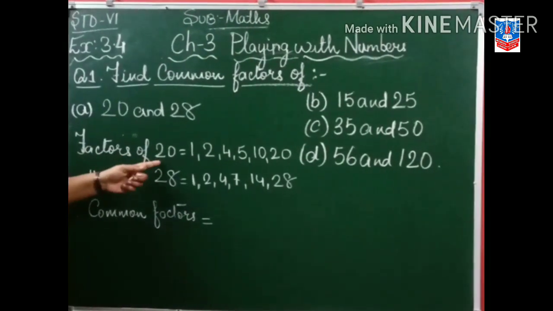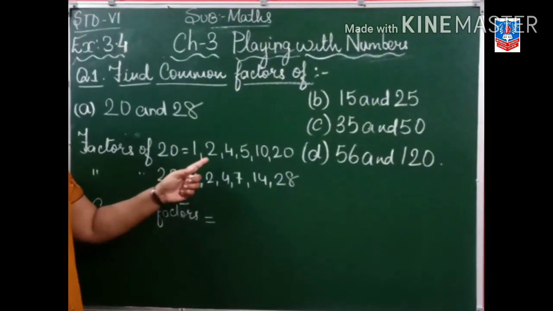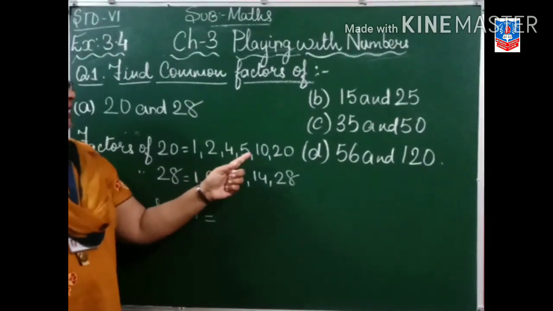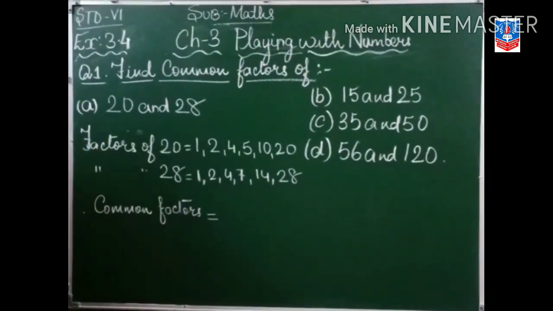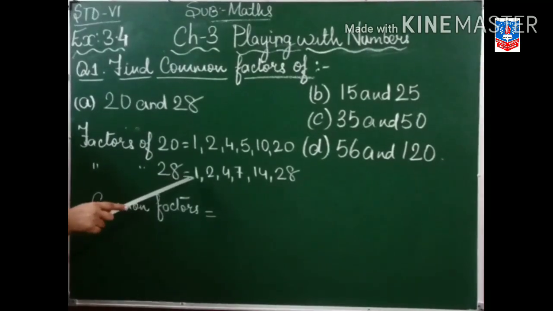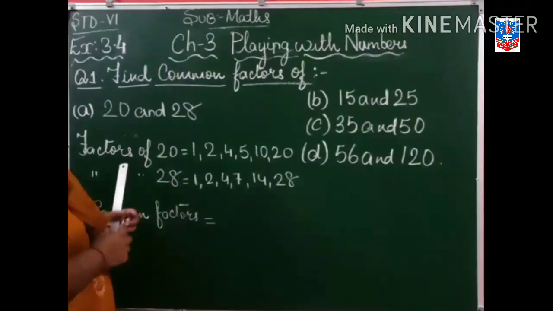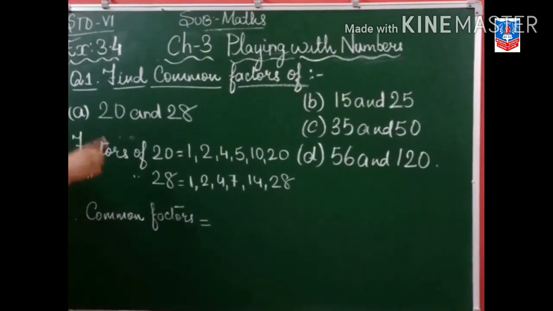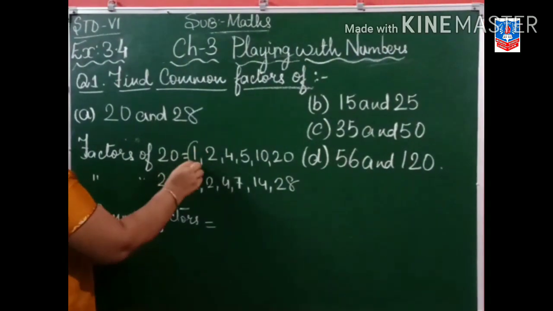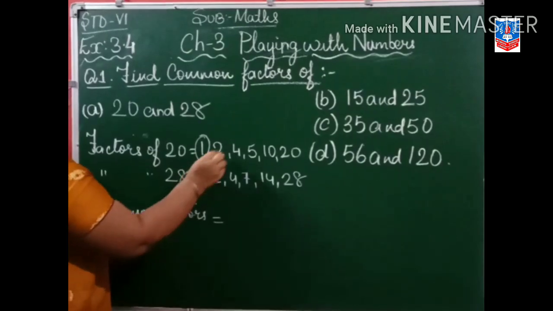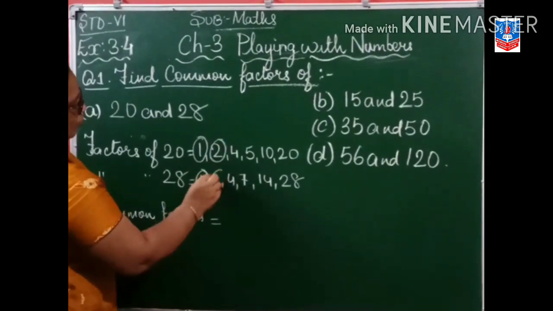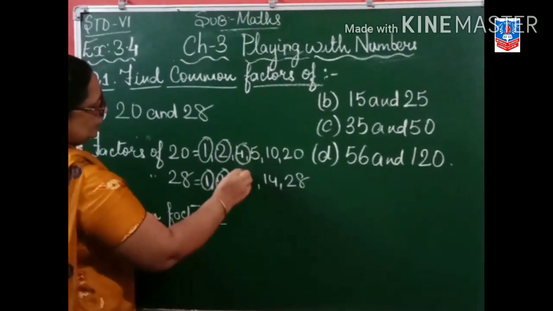Now factors of 20 are 1, 2, 4, 5, 10, 20. And factors of 28 are 1, 2, 4, 7, 14, 28. Now we have to find the common factors. See, here 1, 2, 4.